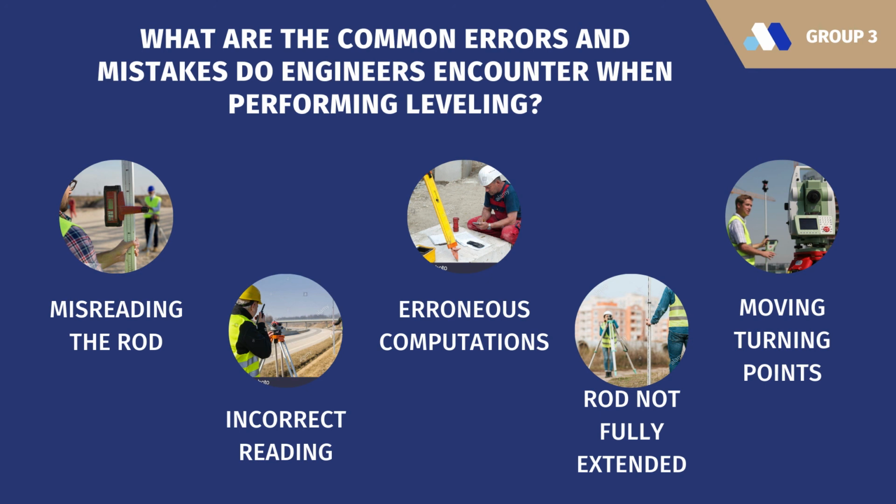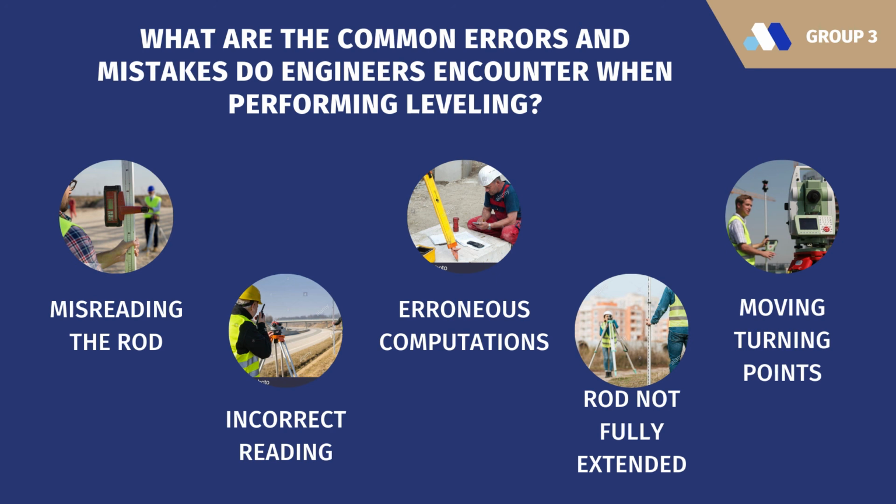And lastly, moving turning points. A turning point carelessly or accidentally moved out of its position by a rodman will cause a serious mistake in leveling work. This mistake could be prevented by using only stable and clearly defined turning points or by marking the position of the rod with paint, lumber crayon, or chalk.